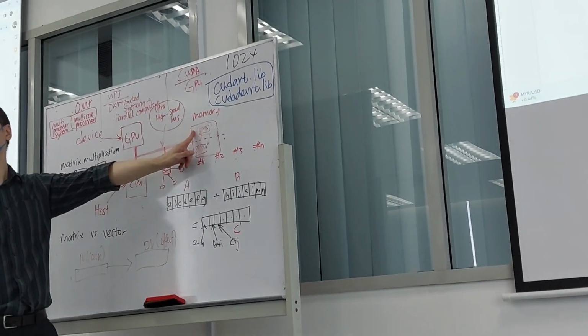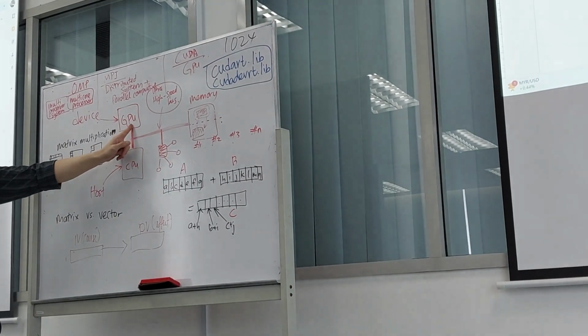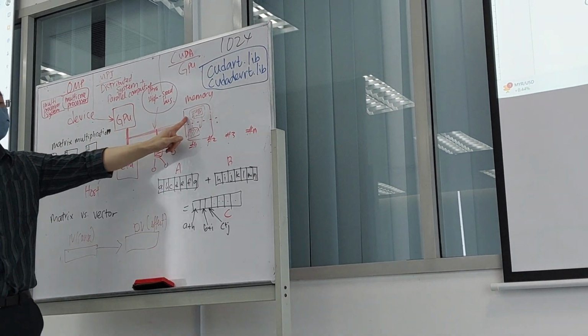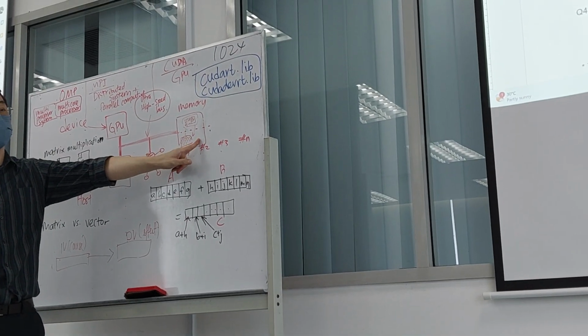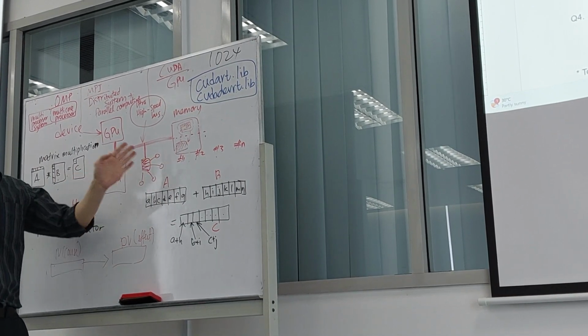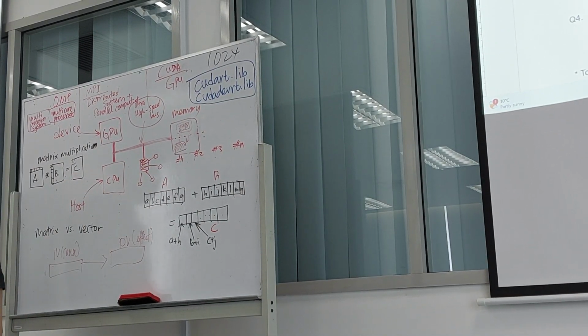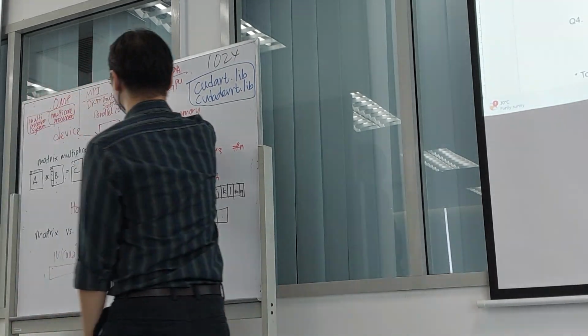It's able to see the memory as well. But the GPU can only see its own memory. It might not be able to see the memory on the motherboard. It might be able to see it, it might not. It depends on how the CPU configures this GPU.